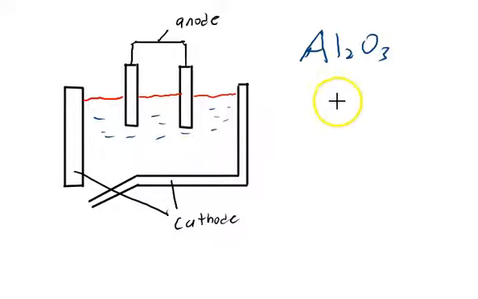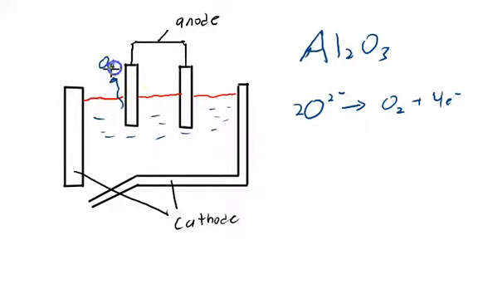The oxygen ion will be diverted to the anode side, which is these two rods, and you will have oxygen gas releasing. I make it 4 here. So here you have oxygen gas.